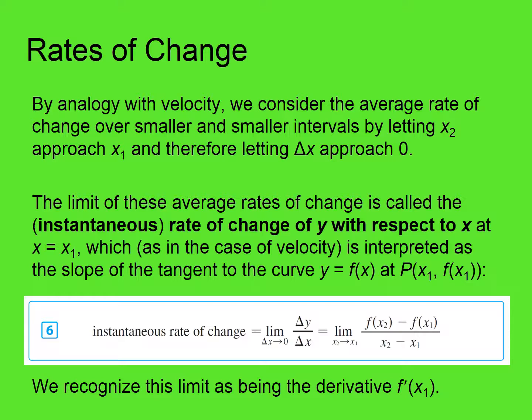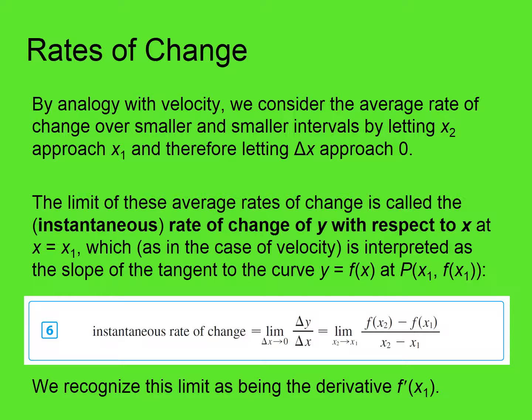By analogy with velocity, we consider the second interpretation of the derivative, the first being the slope of the tangent line. We consider the average rate of change over smaller and smaller intervals by letting x2 approach x1, and therefore letting delta x, the change in x, approach 0.